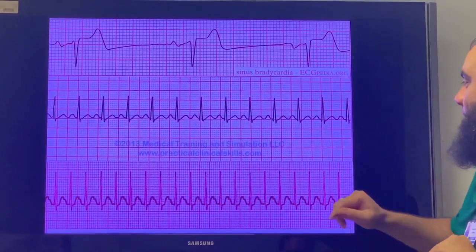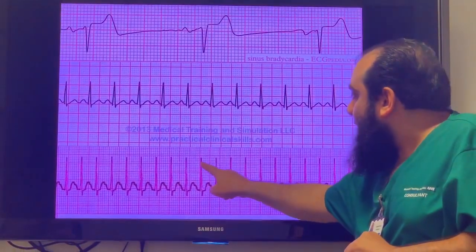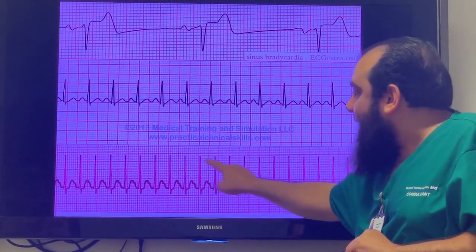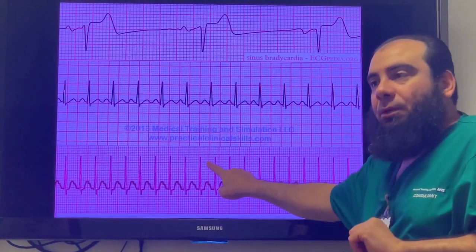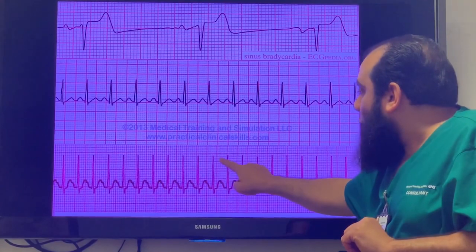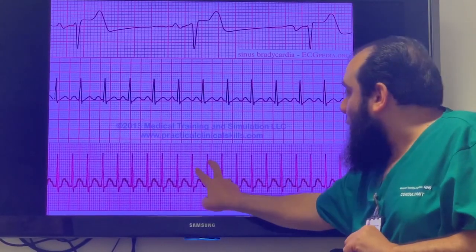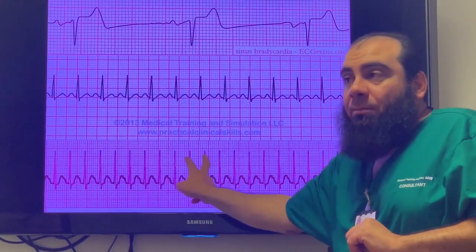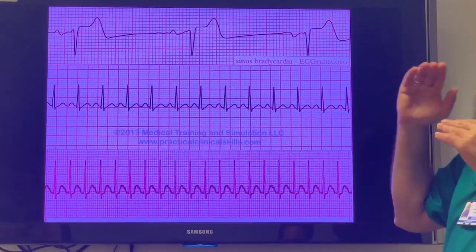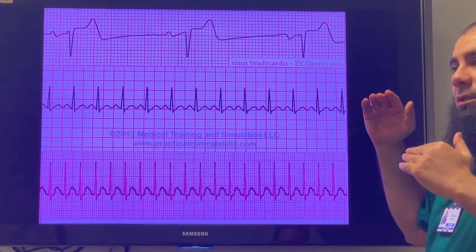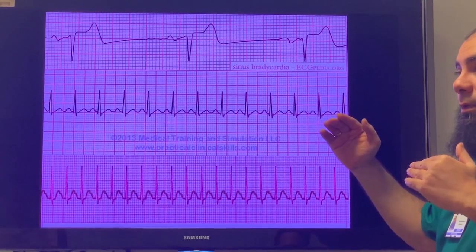If we assume that it is one big square, it will be 300. Two big squares, it is 150. Actually, the RR is between both of them. So initially, I can tell it is between 150 and 300 approximately.